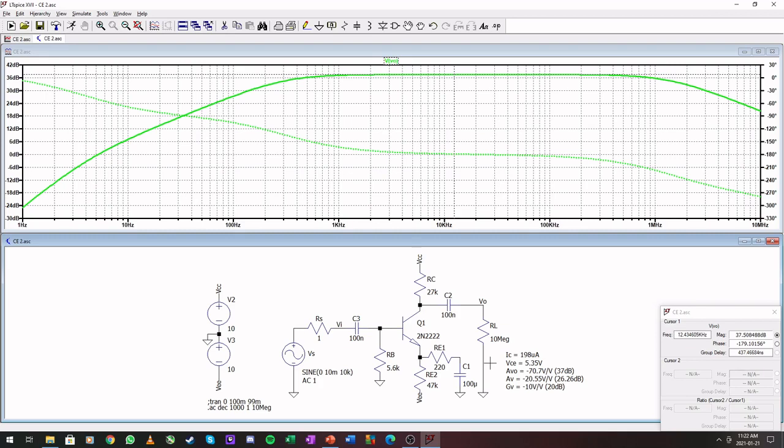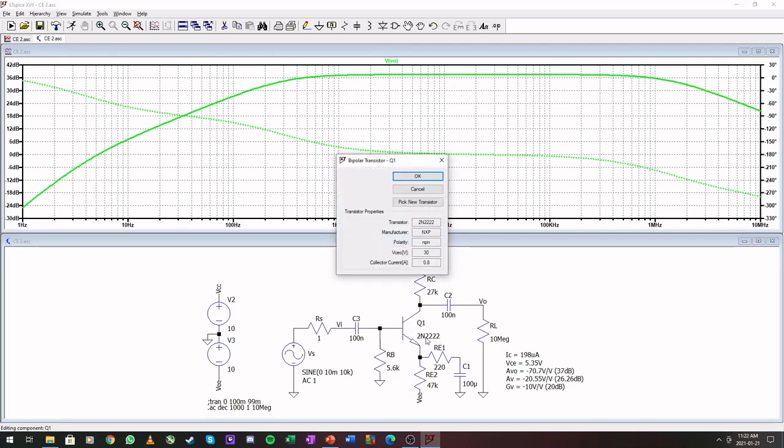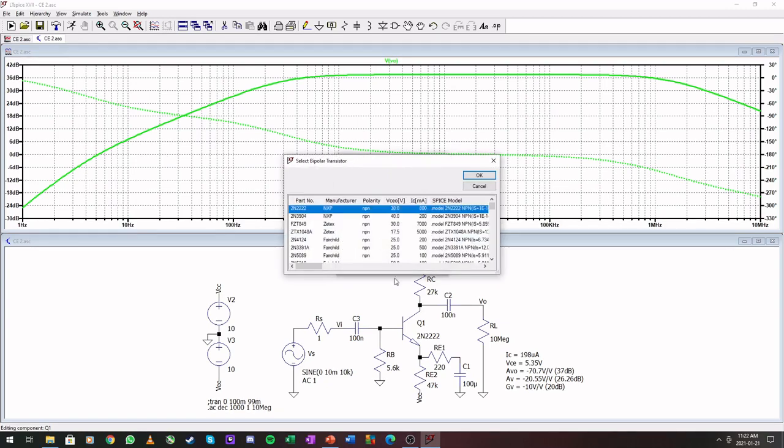The only difference that I can think of is I selected VA for all the problems to be 50 volts. I didn't check the early voltage of the quad 2. So if you right click this and pick transistor and you're on this page, you can look at the SPICE model, and what you want is VAF.